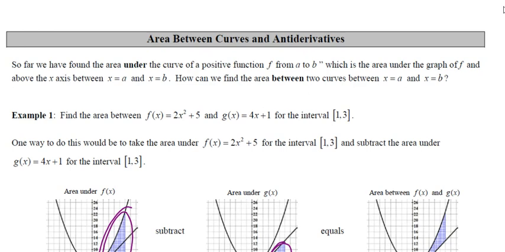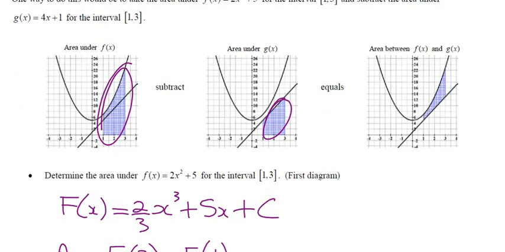Area between curves and antiderivatives, so you can read this stuff, and basically what we can do is, if we want to find the area between these two functions, we can find the area underneath the first function, f of x, then separately calculate the area under g of x, and subtract one from the other, which will give us the area between.